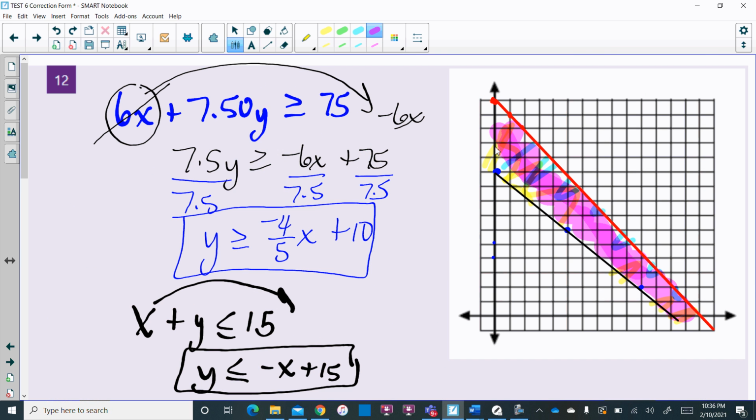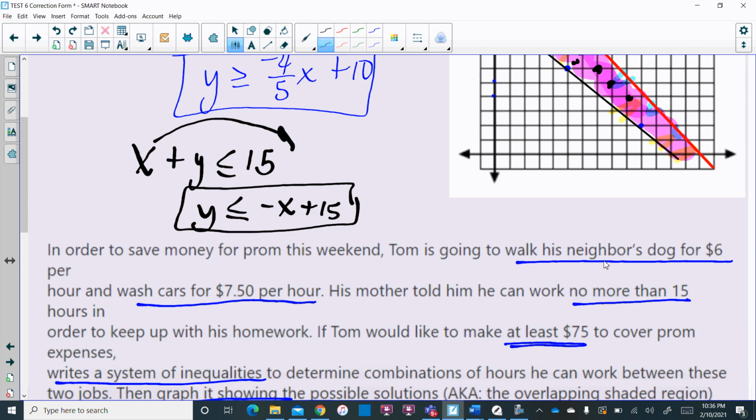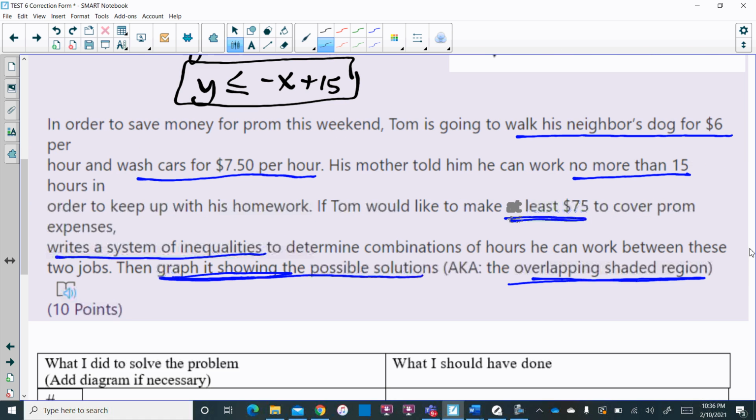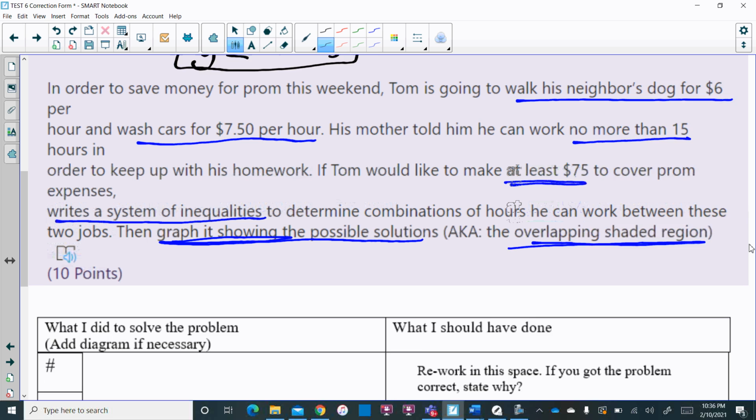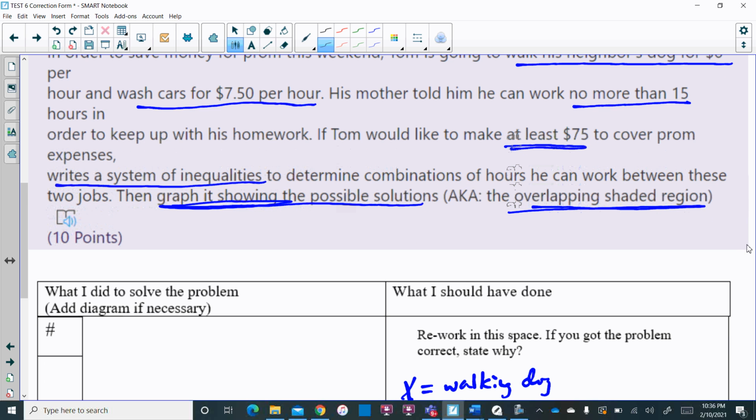All the possible solutions are all these points. I probably need to do it in black. All these points that are in the overlapping shaded region. I can have a point inside the box. These are all possible solutions. And some of y'all were giving me an ordered pair. I wanted the overlapping shaded region. And that, I believe, takes care of this section.